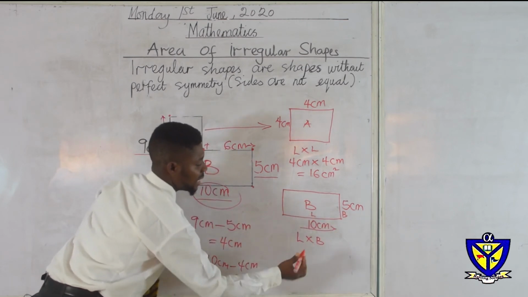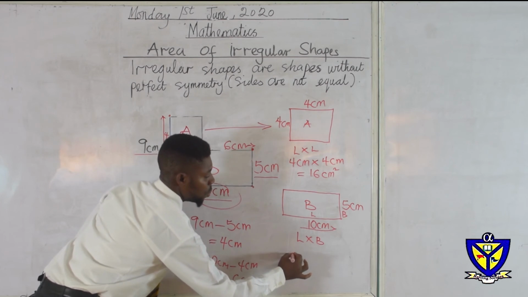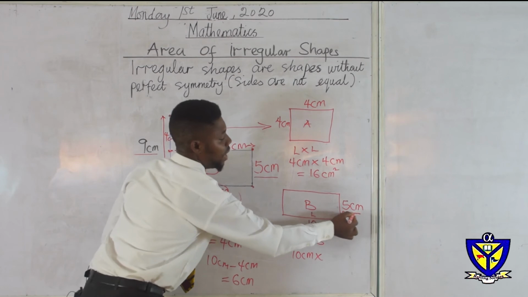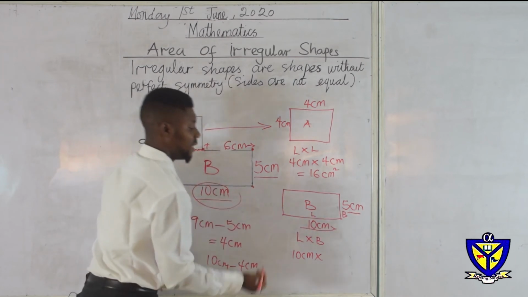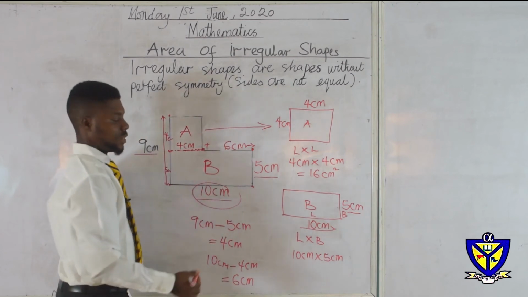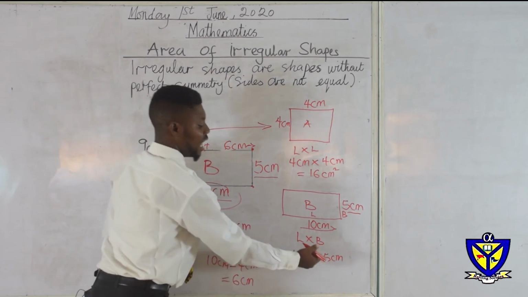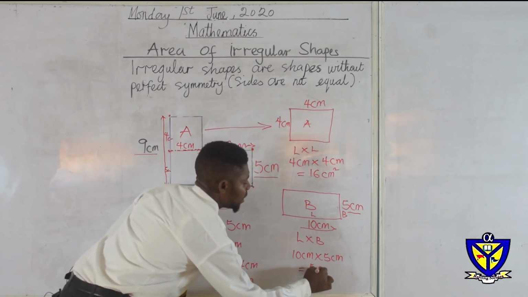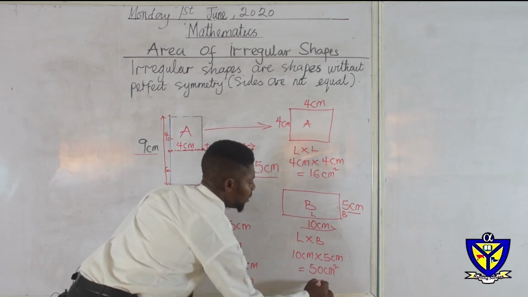So I just go 10 centimeters times the breadth. What is the breadth? The breadth is 5 centimeters. The 10 centimeters times the 5 centimeters will give us 50 centimeters square.